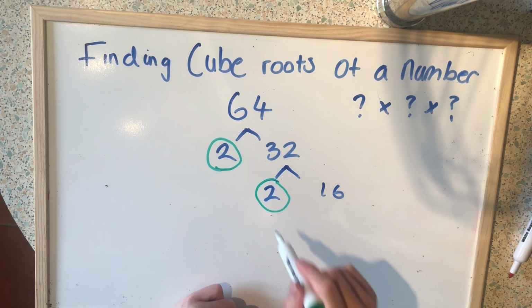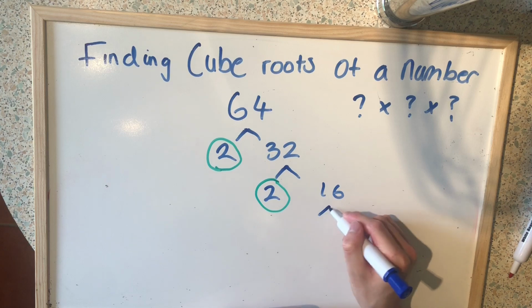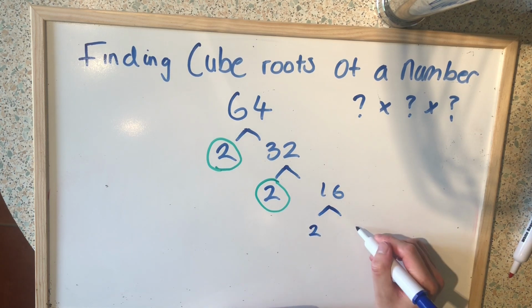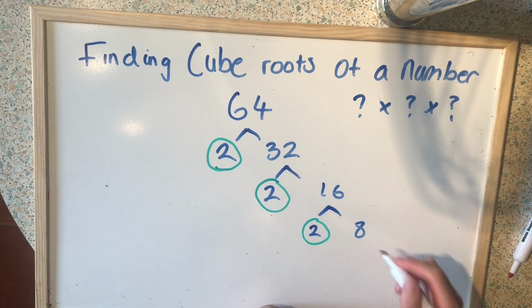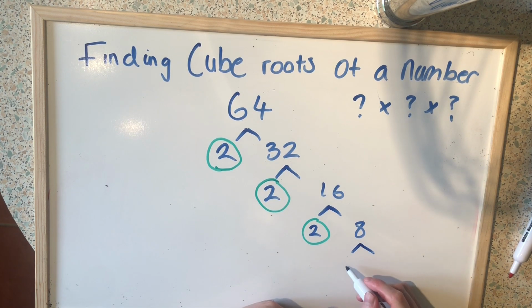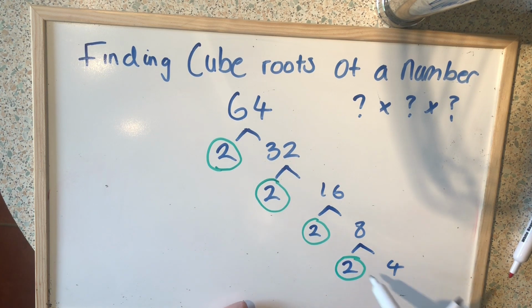We know 2 is prime, 16 isn't. We can have 2 times 8. 2 is prime and 8 can be split into 2 and 4. So again, 2 is prime and 4 can of course be split into 2 times 2. So 2 is prime, 2 is prime.